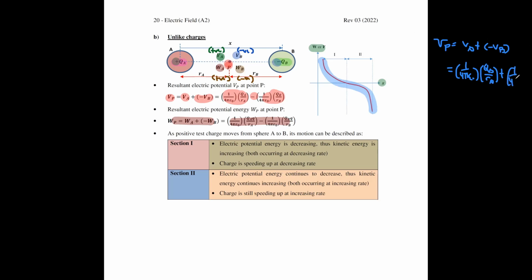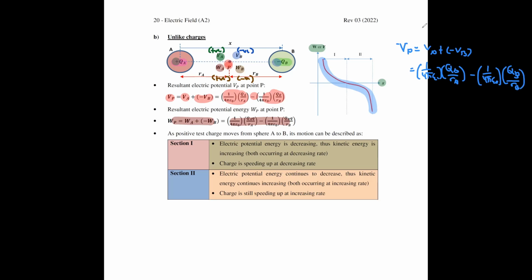I don't have space here, let me just rewrite it on the left hand side. Vp is Va plus negative Vb. So this is 1 over 4 pi epsilon naught Qa over Ra minus 1 over 4 pi epsilon naught Qb over Rb.